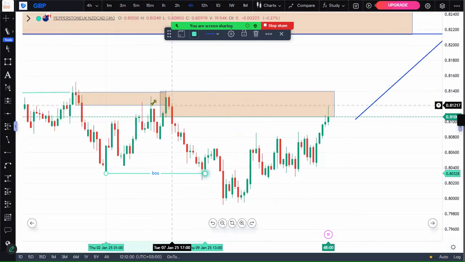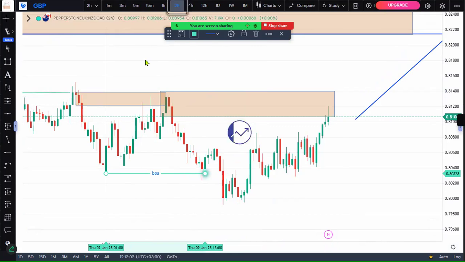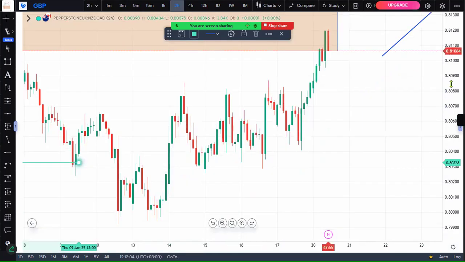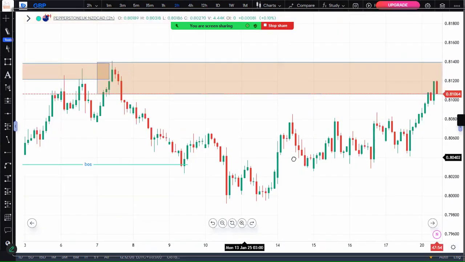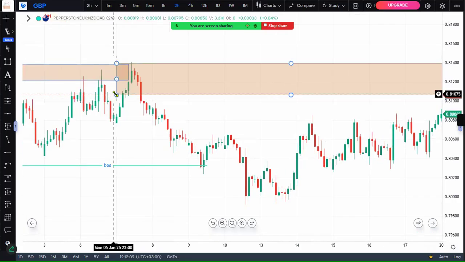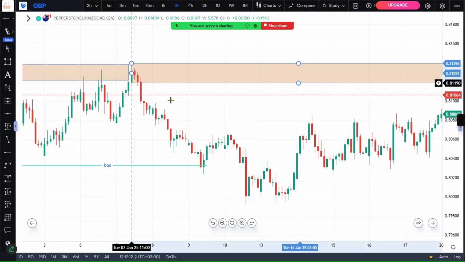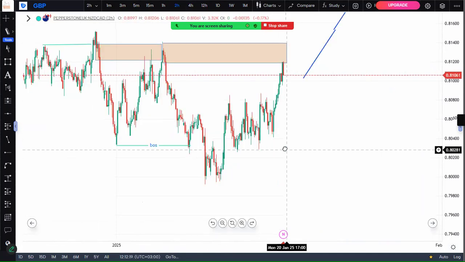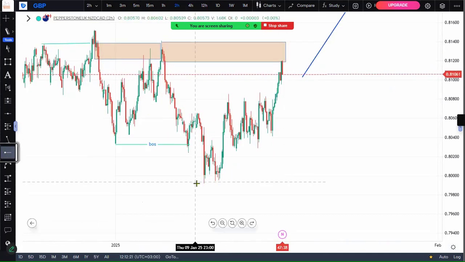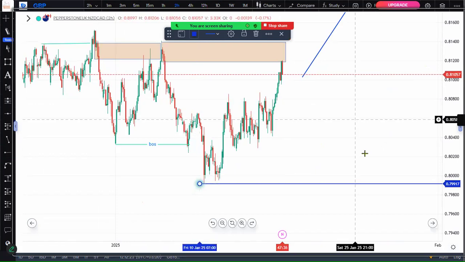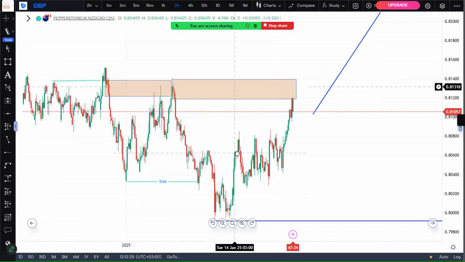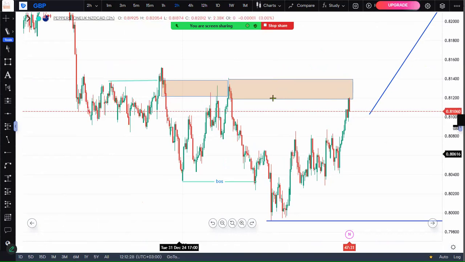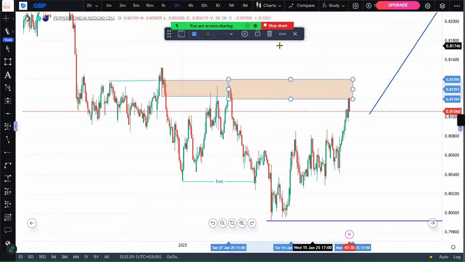But when I go to the 2 hours time frame, I can see price really trying to look good and really interesting from that area. And if you are selling here, you'll probably be targeting this low here. But I feel like this is just a liquidity zone that I don't want to participate in.